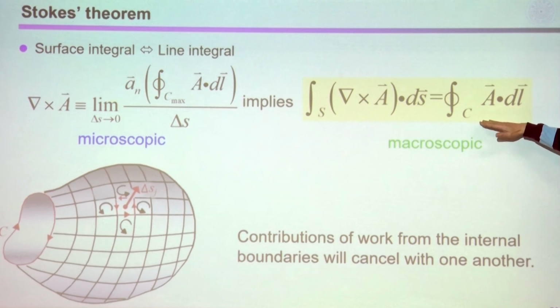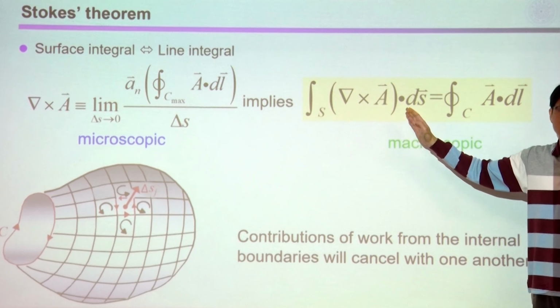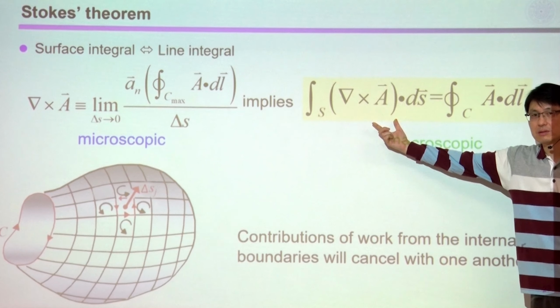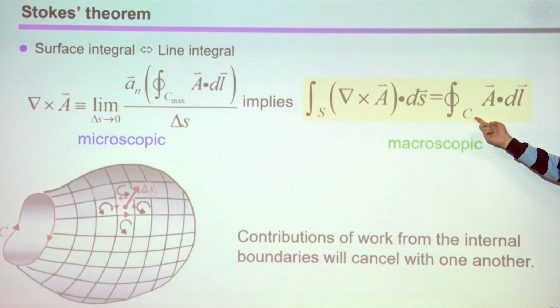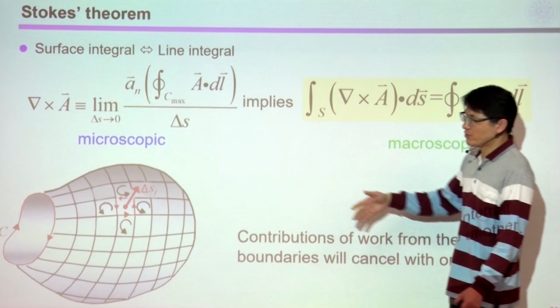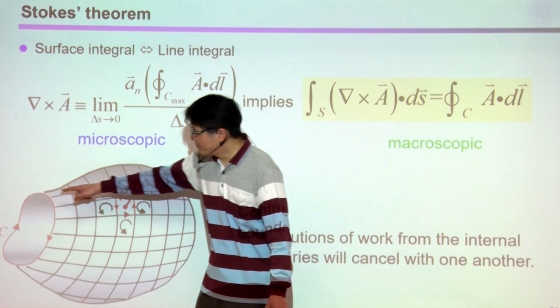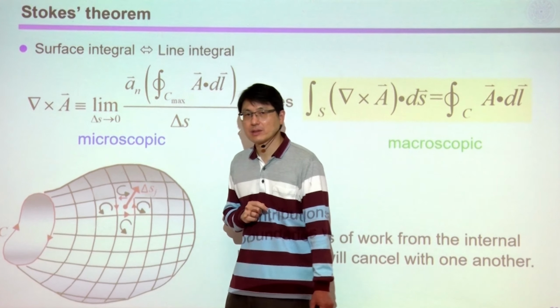But Stokes' theorem is telling me, you don't really have to go through all this trouble. If you want to know that result, you can simply evaluate the vector field, making a dot product with the closed contour. For example, this is a fish net, so eventually I have the outer closed loop.